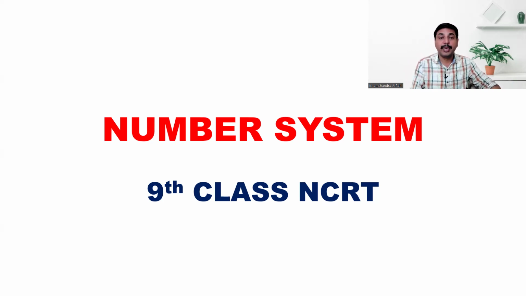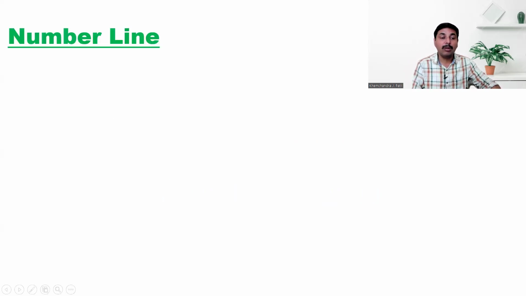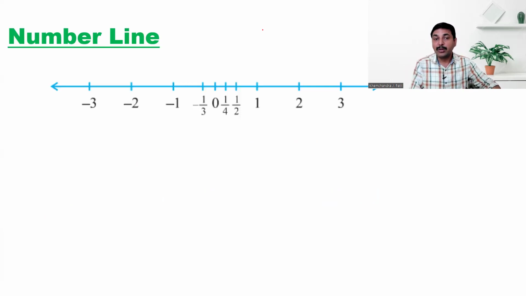So in number system, we will start with the number line. All of you are familiar with the number line. Yes or no? This is your number line, my dear friends. We know that the number line is divided into two parts by using zero. On the right hand side of the number line, we have all positive numbers, and on the left hand side, we have negative numbers.